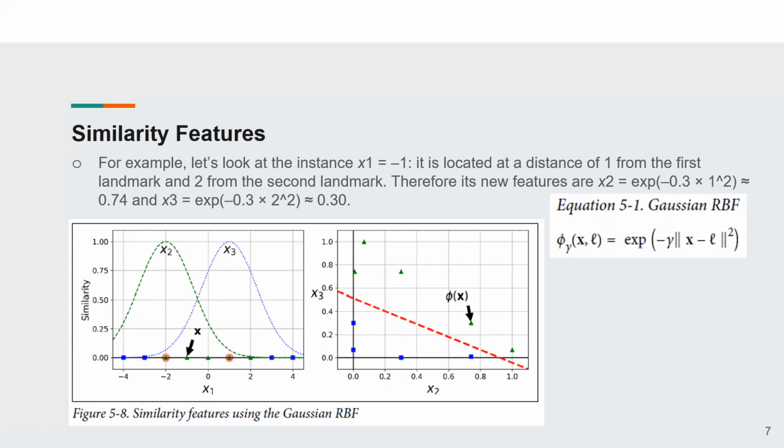Here we want to introduce you to similarity features. Essentially, the idea is, if this is in one-dimensional space, assuming that any point can be generated by multiple normal distributions.